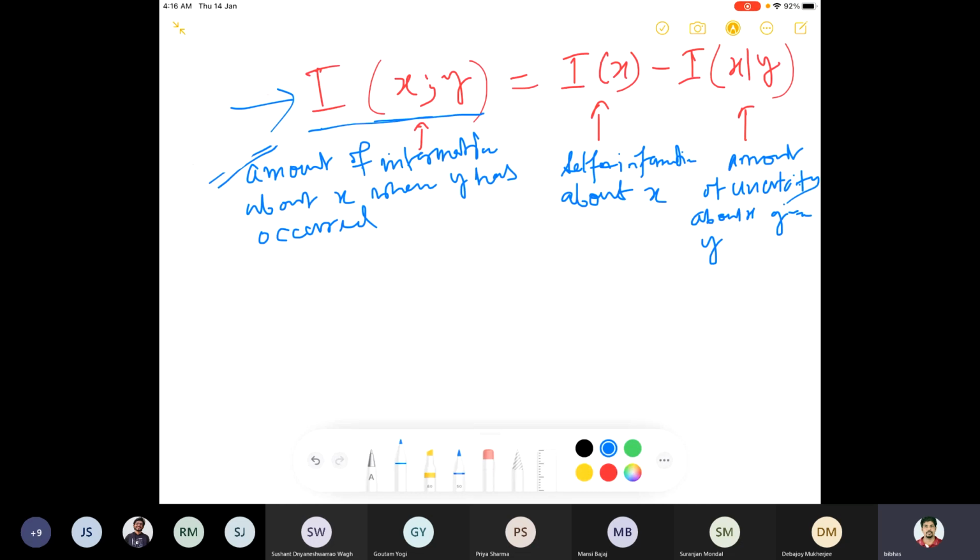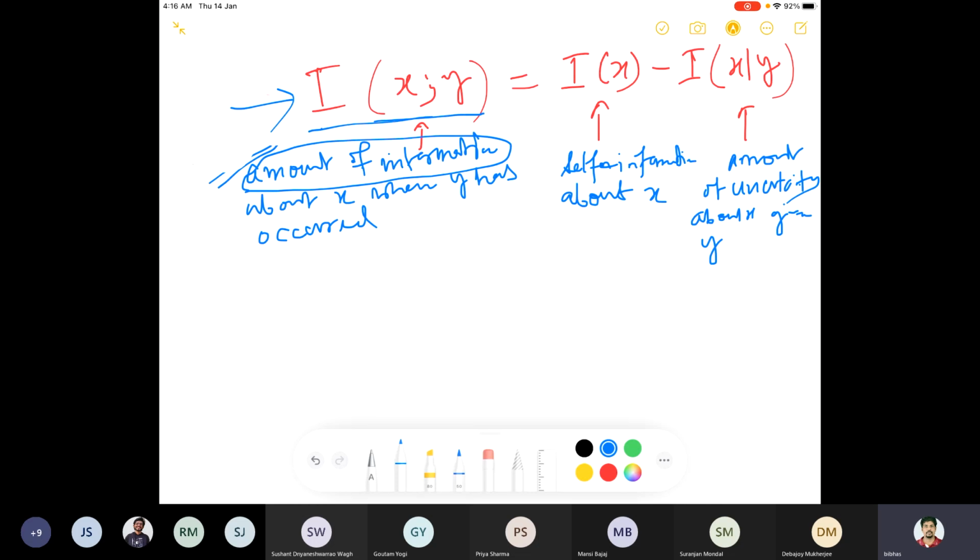This relation says this amount of information, the amount of information about the occurrence of x when y has occurred, that means when we know that y is supplied, then x will also occur.